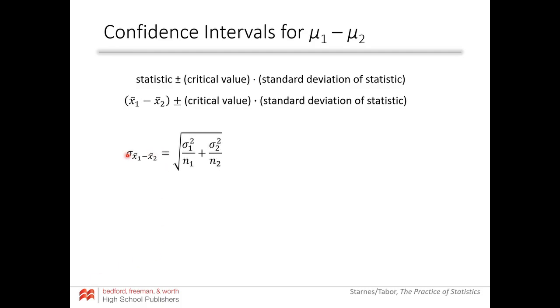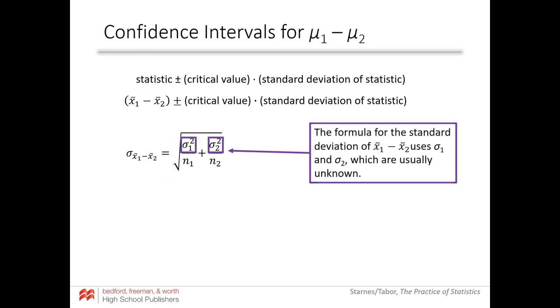And when we do the standard deviation of the sample means, we remember we add them under the square root, but we don't know sigma. So instead of using the population standard deviation, we're going to use the sample standard deviation that's given to us.